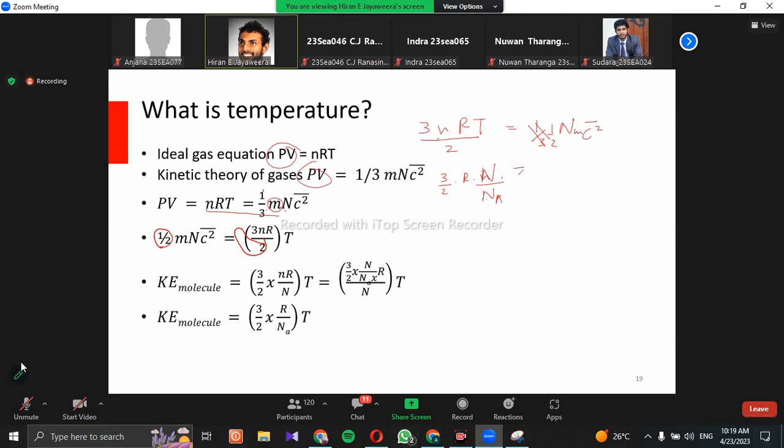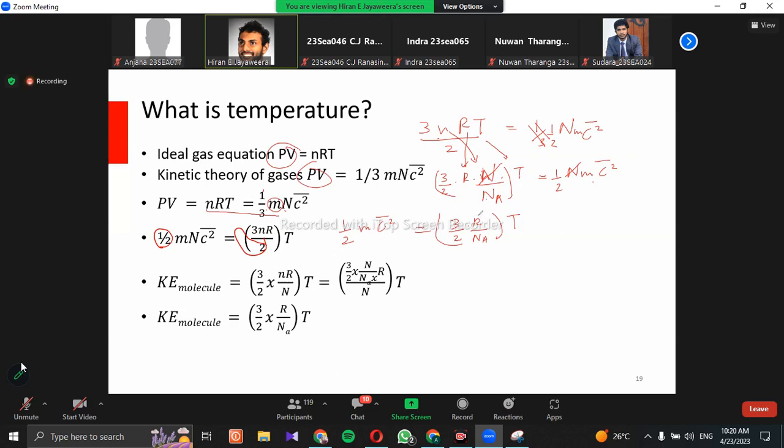Into T equals N m c squared bar. Now I can cancel this N and this N, if you want, right? Then what I have here is 3 divided by 2 into R divided by Na into T is equal to, I'll write this one in this direction, half m c squared bar, right?